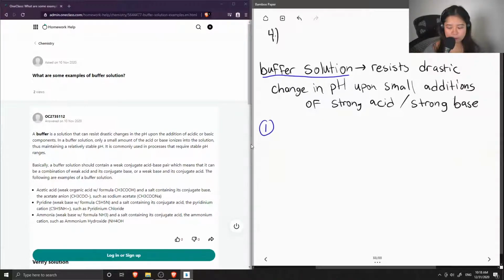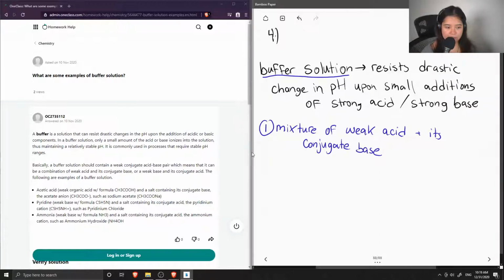So one example is a mixture of a weak acid plus its conjugate base, or we could have a mixture of a weak base and its conjugate acid.